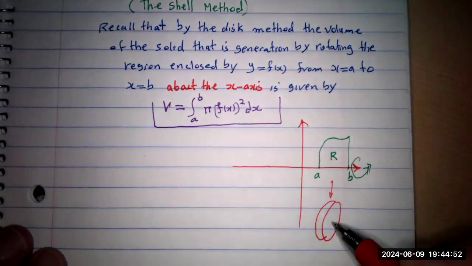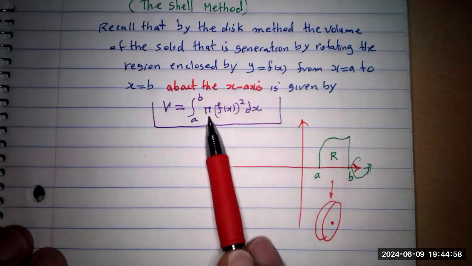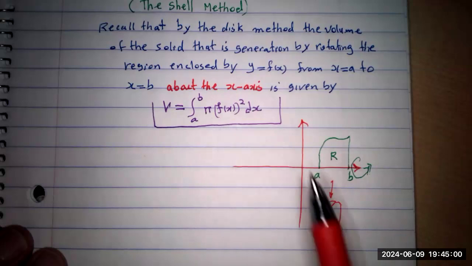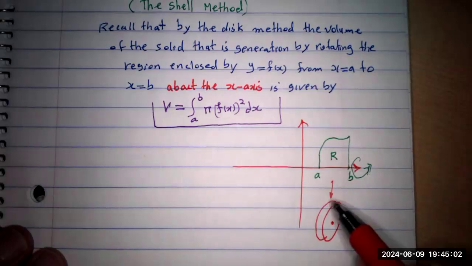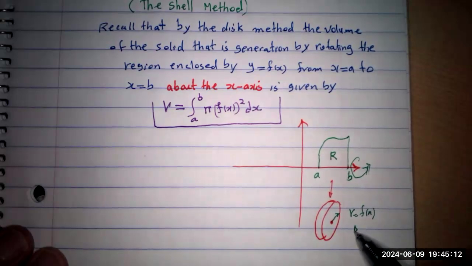For this circular disk, we find the volume of one portion, which was pi r squared times the thickness. The radius of that cross section r was f of x, and the thickness was delta x.